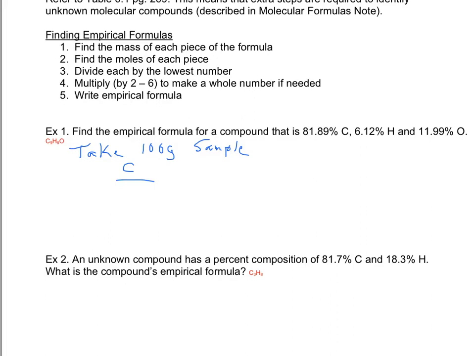I'm going to do all my carbon calculations here, all my hydrogen ones, and all my oxygen ones, and I'll keep them separated with some dashed lines. The same trick works with the hydrogen and the oxygen. If I've got 6.12% hydrogen in a 100-gram sample, then all I have to do is change the percents into grams.